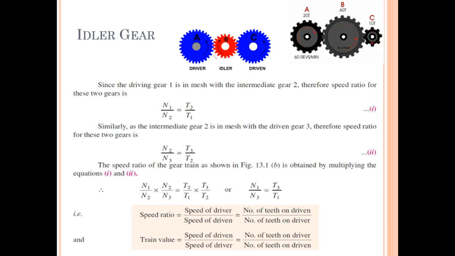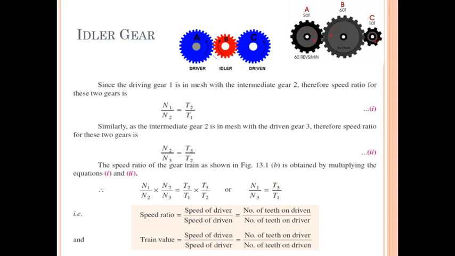Same thing, I can write speed ratio is equal to speed of first driver divided by speed of last driven, which is equal to number of teeth on driven gear divided by number of teeth on driver gear, isn't it? And the reciprocal of this speed ratio will be the train value. You can identify this train value as the reciprocal of speed ratio.